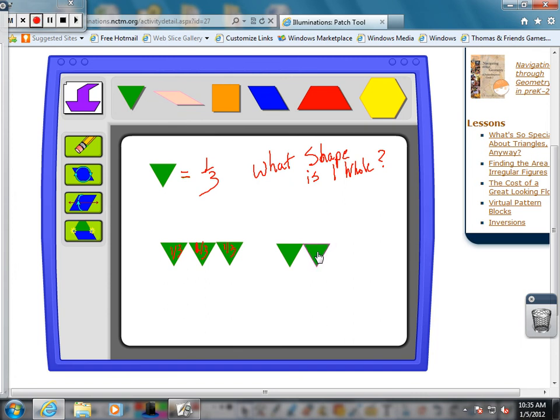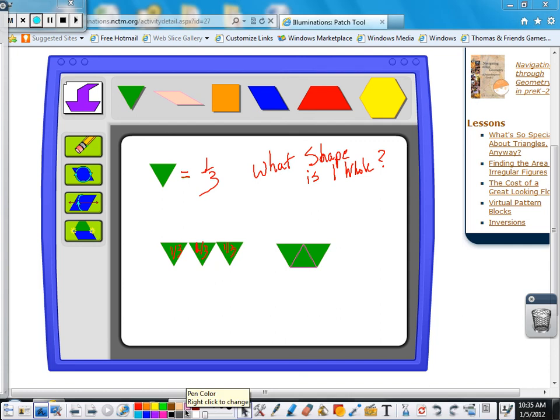I think I see the answer. Let me take this triangle here. We're going to take that one and spin it around so it fits in really nicely right here. And that, boys and girls, is my trapezoid.